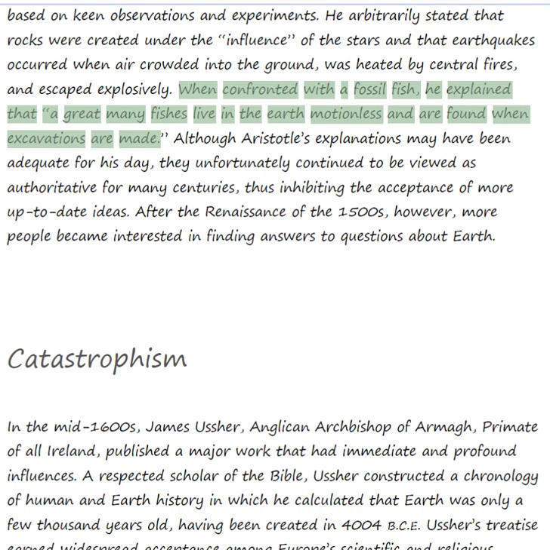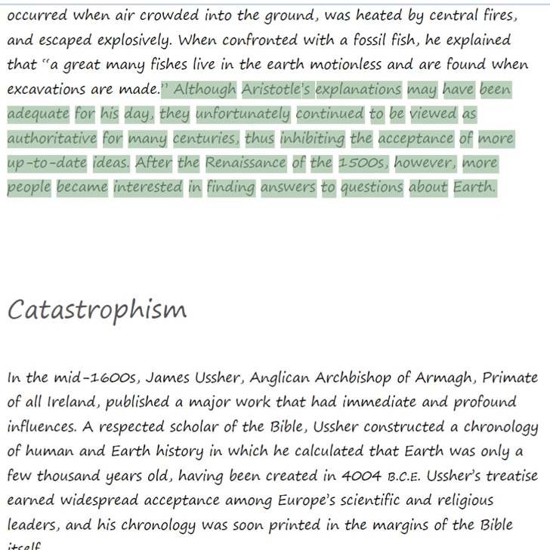When confronted with a fossil fish, he explained that a great many fishes live in the earth motionless and are found when excavations are made. Although Aristotle's explanations may have been adequate for his day, they unfortunately continued to be viewed as authoritative for many centuries, thus inhibiting the acceptance of more up-to-date ideas. After the Renaissance of the 1500s, however, more people became interested in finding answers to questions about Earth.